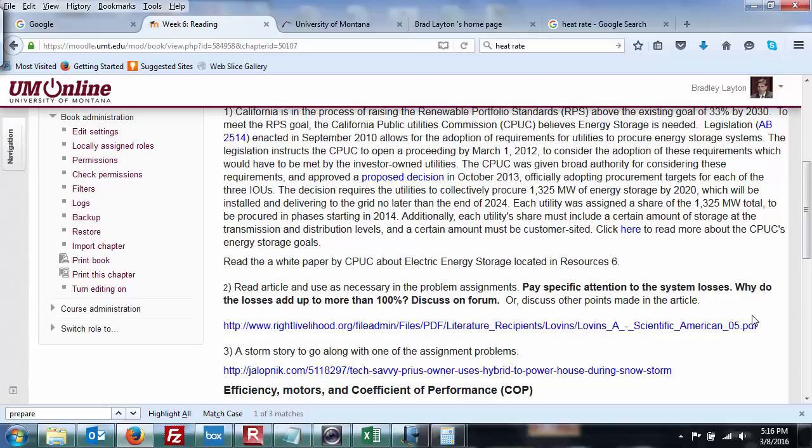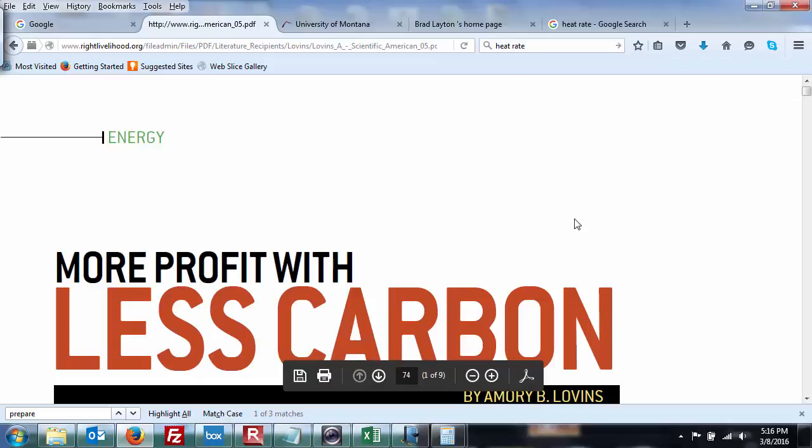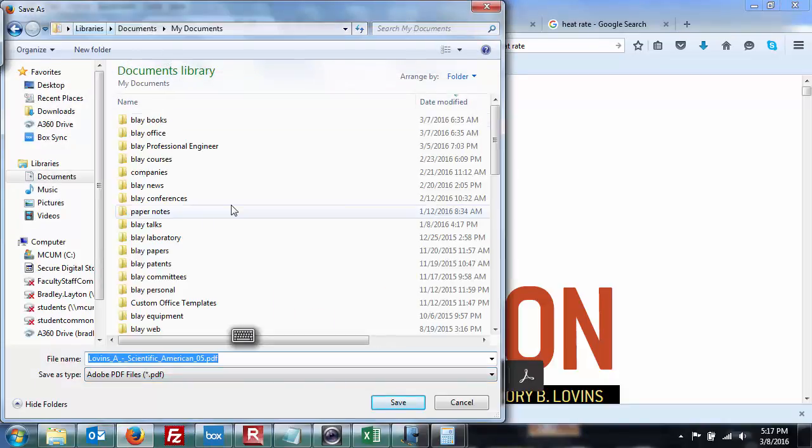Okay, here's Lovins' article right here. More profit, less carbon. Way to go, Amory. Documents, courses.